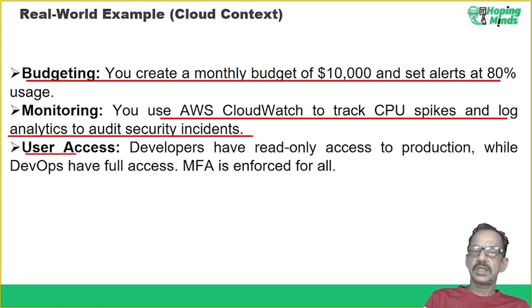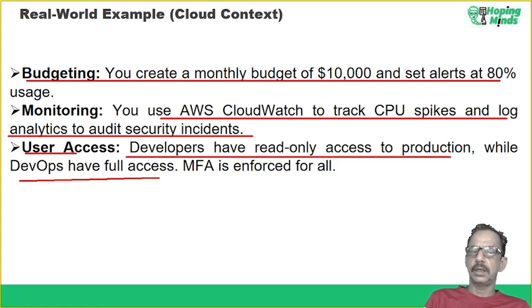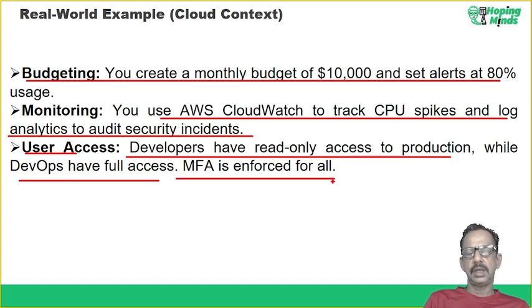For user access, developers have read-only access to production, for example, while in dev they have full access there. For production you give only read-only access, but in dev the developer has full access. And multi-factor authentication is enforced for all. Even after having the ID and password, multi-factor authentication should be there.